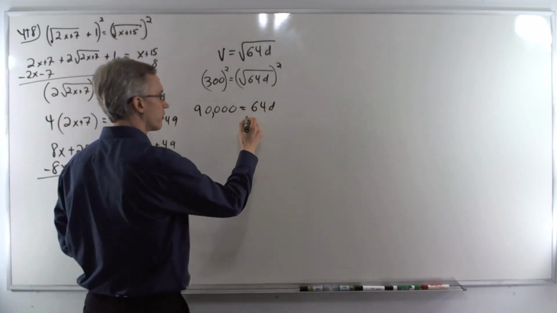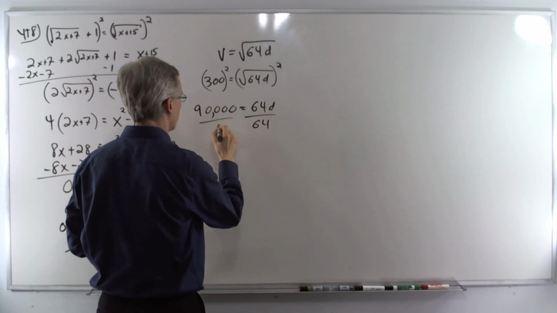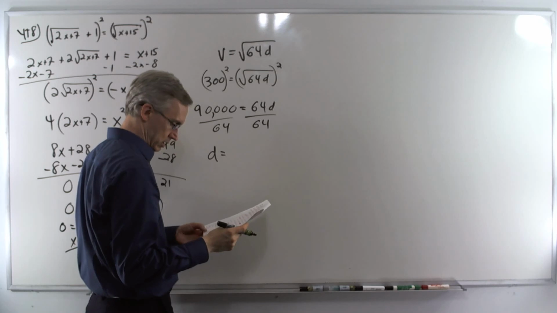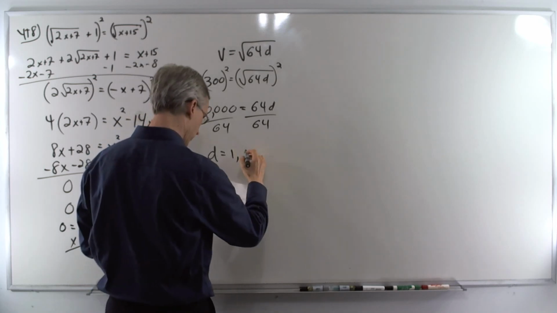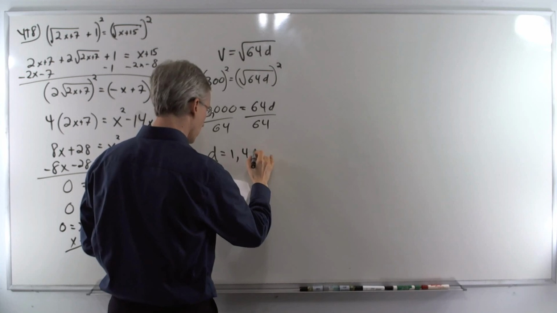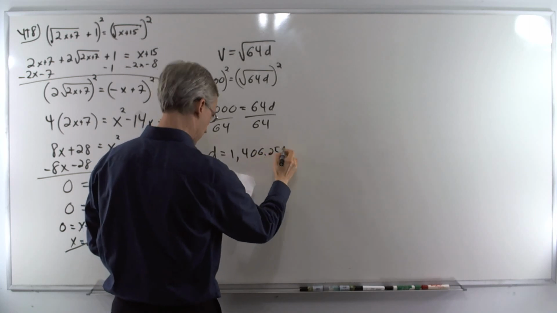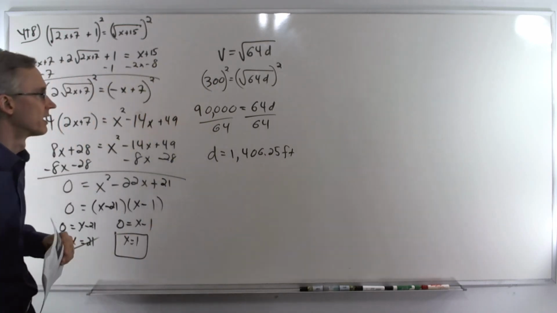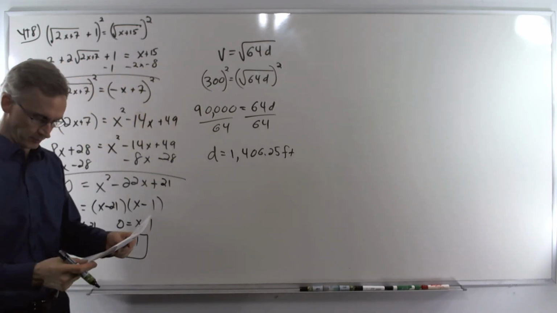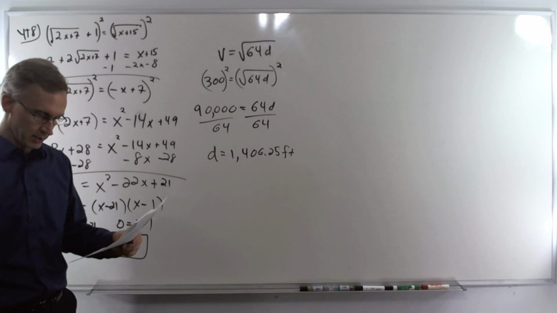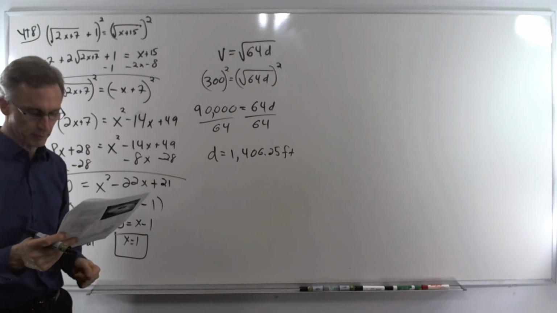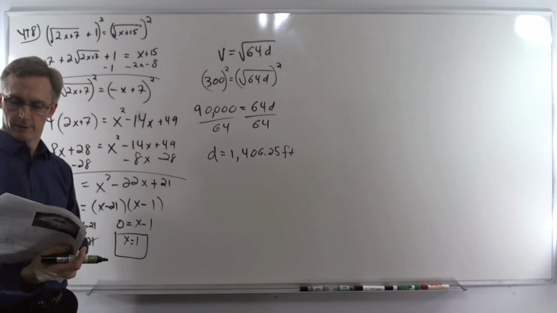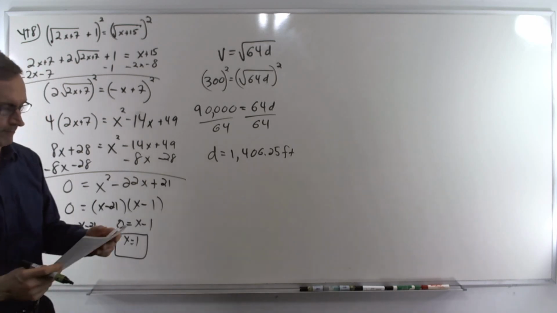Divide both sides by 64, and d equals 1,406 1/4 feet. So that's how far Valery had to fall before reaching a speed of 300 feet per second. It's quite a cliff.